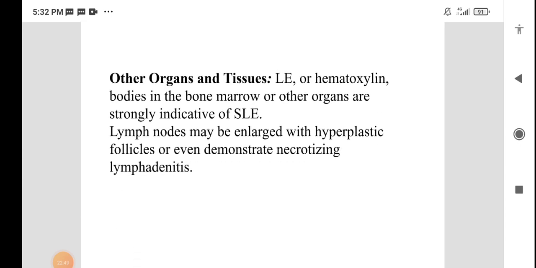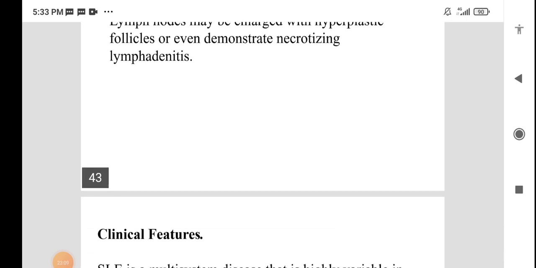Other organs and tissues. Hematoxylin bodies or the LE bodies in the bone marrow or other organs are strongly indicative of SLE. Lymph nodes may be enlarged with hyperplastic follicles or even demonstrate necrotizing lymphadenitis.